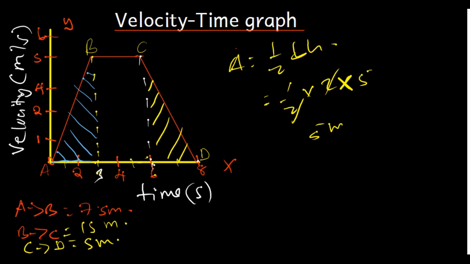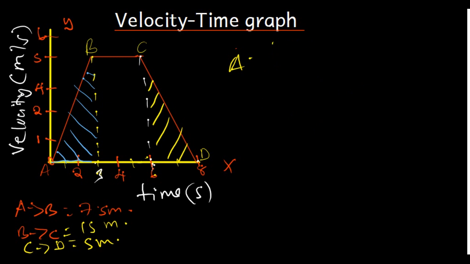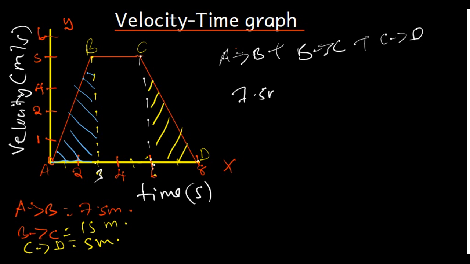Now, another question they can ask you is to calculate the total distance covered by this object, or maybe by this car. For us to find the total distance, we need to add the distance from A to B plus the distance from B to C plus the distance from C all the way to D. So the distance from A to B is 7.5 meters, plus the distance from B to C is 15, plus the distance from C to D is 5.